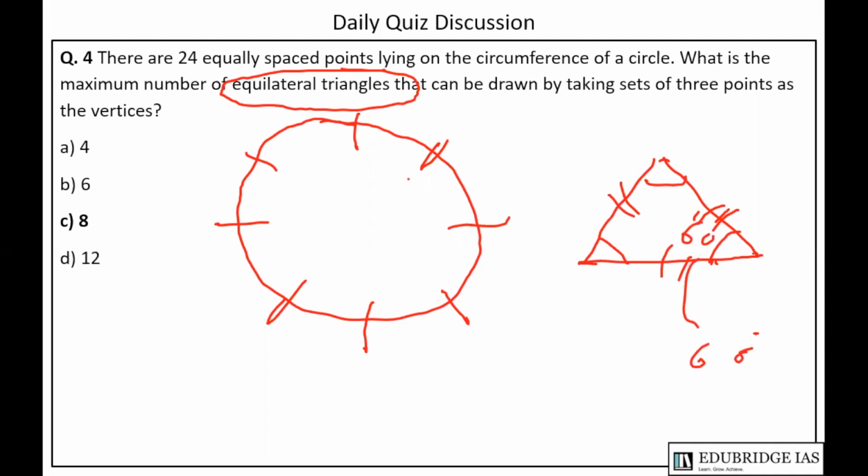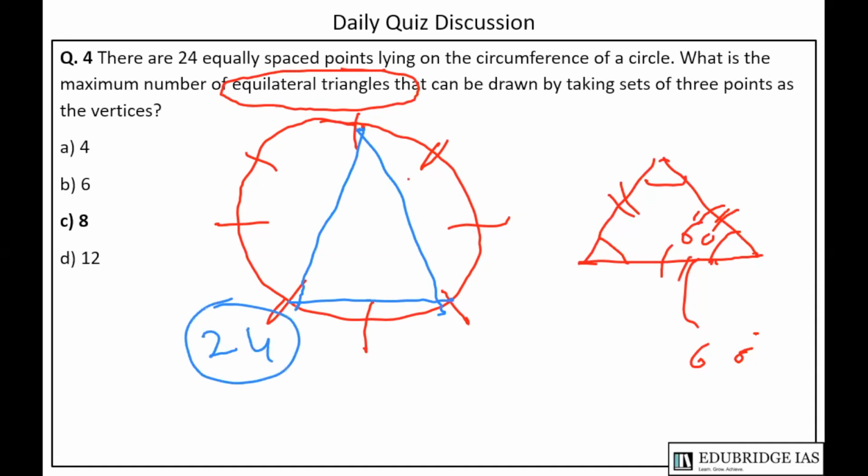So if we start from this point, we can make a triangle like this. Although in this diagram this is not perfectly equilateral, we can make such triangles on all the 24 points. So our triangles will be 24.